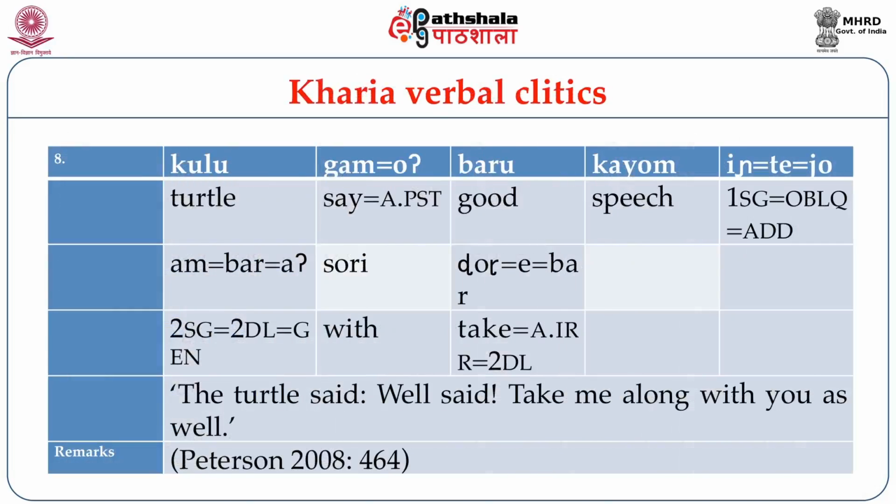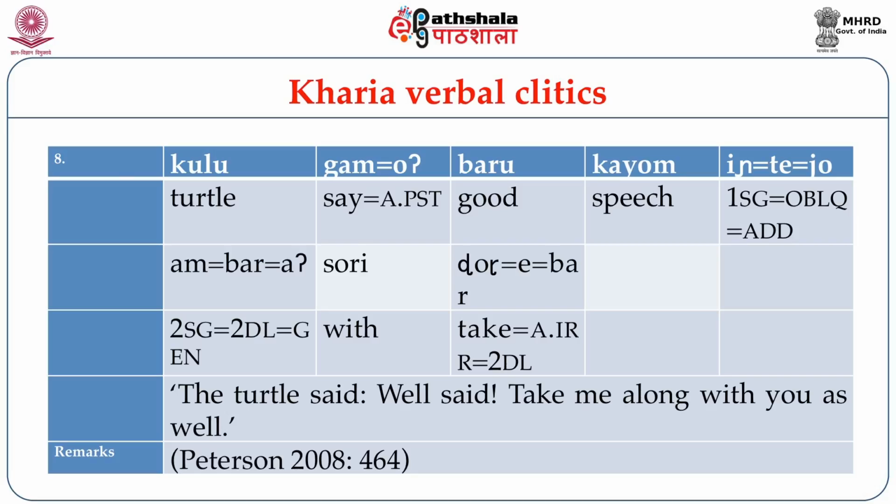What you now see on your screen is an example from Kharia, a South Munda language spoken mostly in Odisha. This example is a translation of "The turtle said, 'Well said, take me along with you as well.'" We want you to focus on the different verbs. Look at the verb say. It is in the past, said.